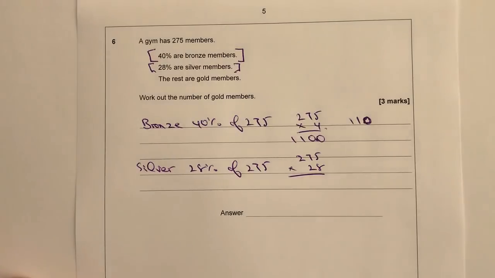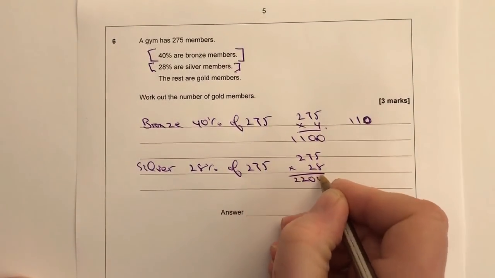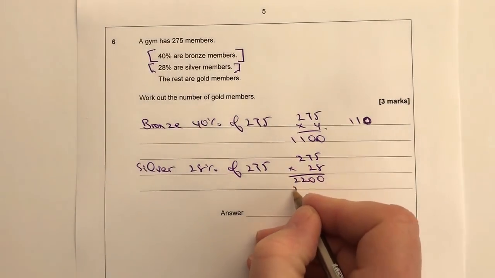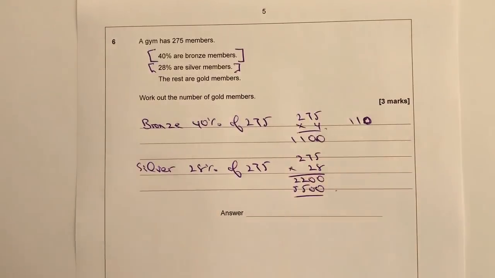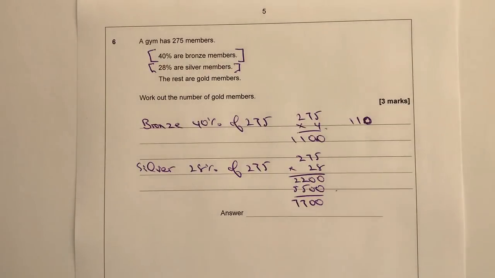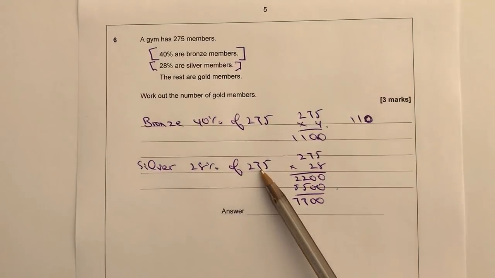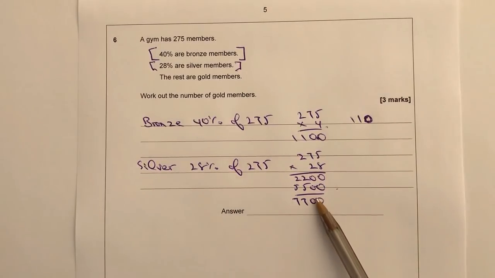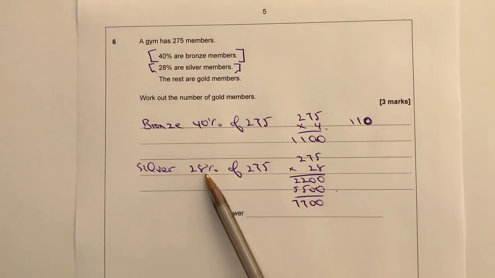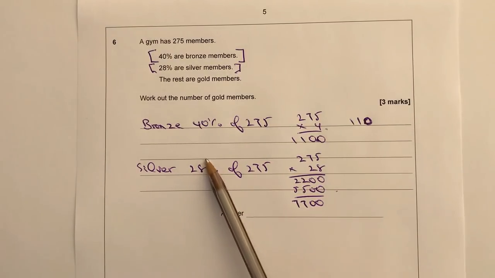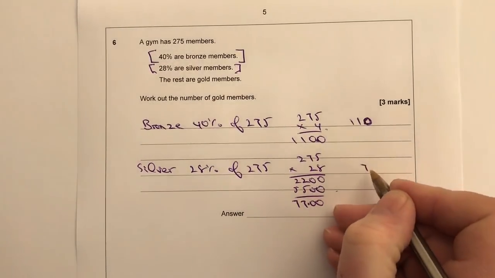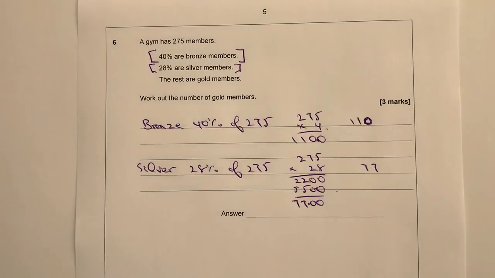You might not agree with this, and that's perfectly fine if you partition it or try something different. However, the way I would calculate that is to look at just 275 times 28, and then put my decimal point in afterwards, because don't forget this is actually 0.28, since you need to be multiplying by decimals. So that's 77, so 77 members are silver.